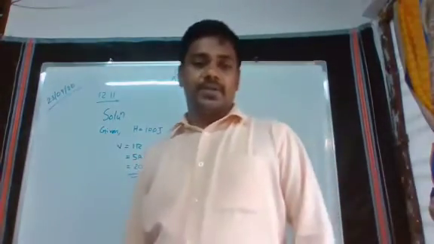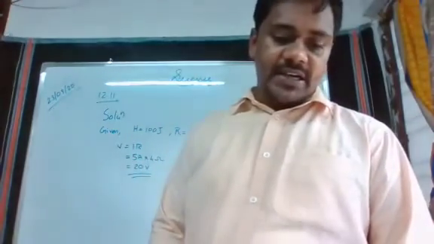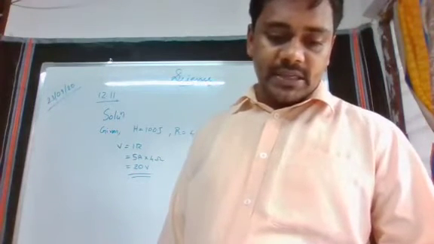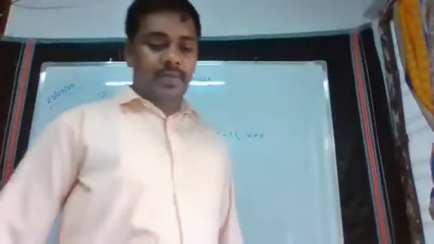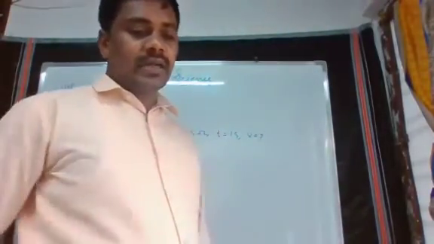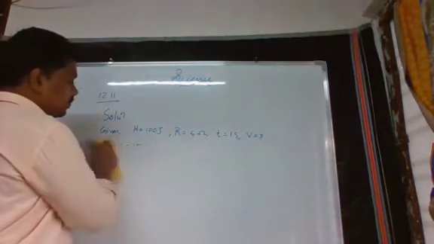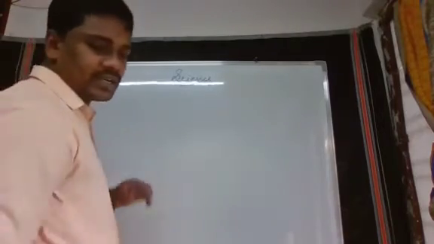Okay, the question is, why does the cord of the electric heater not glow while the heating element does? So let us give the answer. That is first question answer.